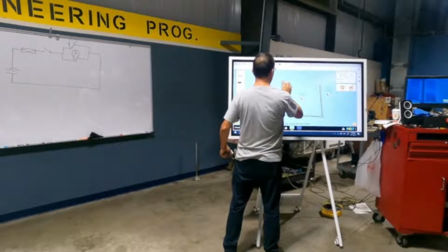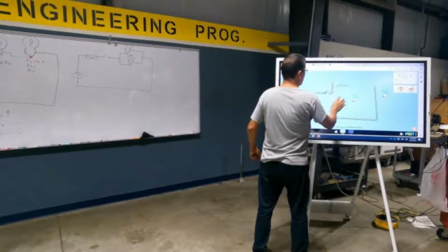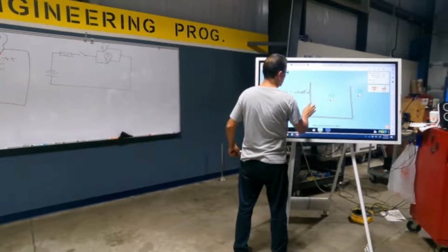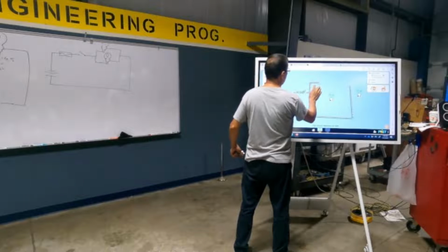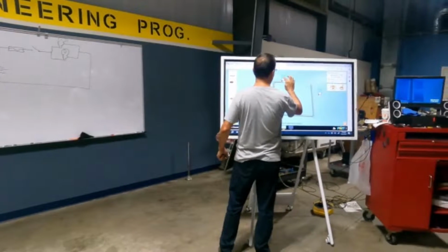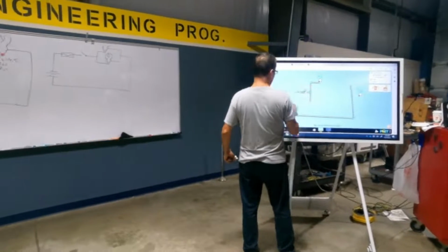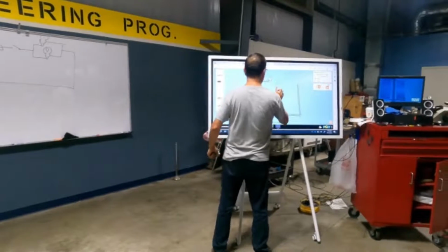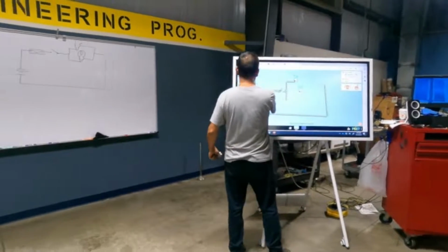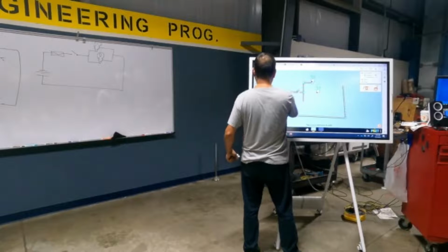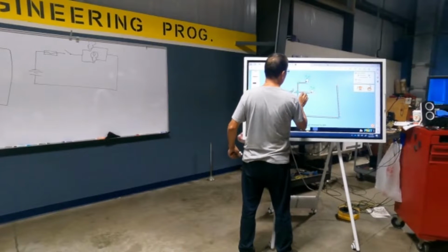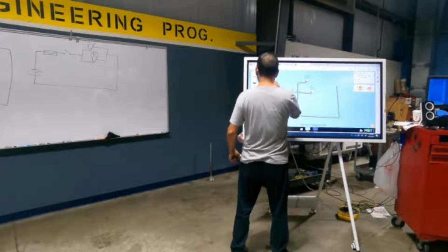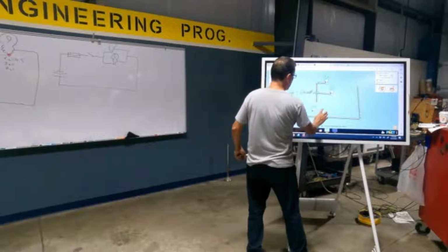I am going to create another part here, and I am going to install one light bulb here and another light bulb here. I'm going to install 3. And I am going to install another light bulb here.